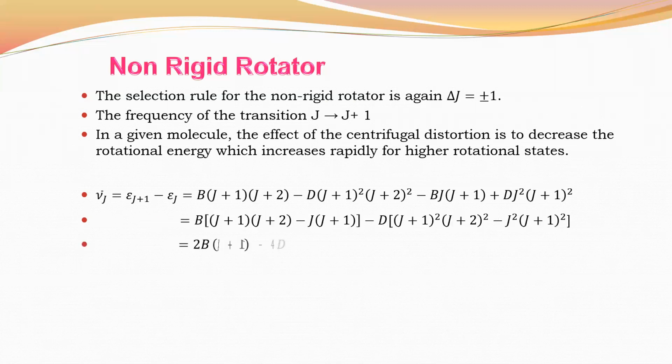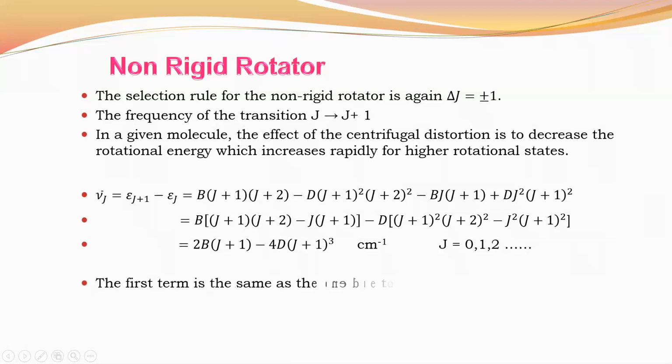Then solving it, we can simplify it as 2B into J plus 1 minus 4D into J plus 1 whole cube. So when we compare with the expression for the rigid rotor, the additional term here is minus 4D into J plus 1 whole cube.